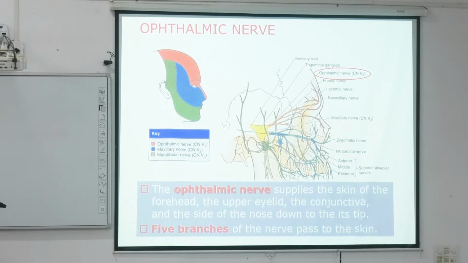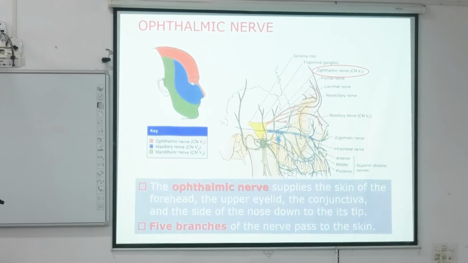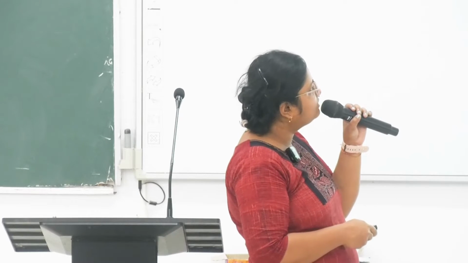Okay, and these are the branches. Here, this red colored one is the ophthalmic division. So the ophthalmic nerve supplies the skin of the forehead, upper eyelid, the conjunctiva, and the side of the nose down up to its tip, and it gives 5 branches of the nerve that pass to the skin. The 5 branches you have discussed, okay, in the previous picture.